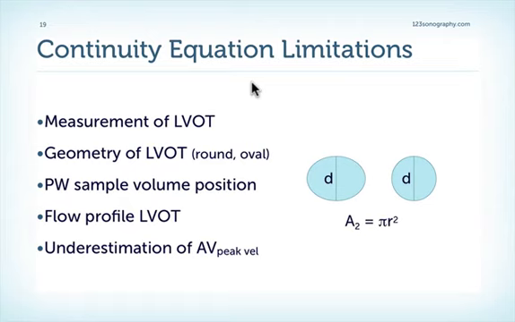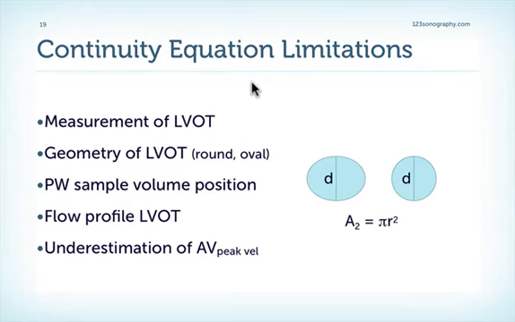It's crucial to get a very correct measurement of the LVOT diameter, because remember, in the calculation we have a squaring of the radius, and so if we have errors here, we will have incorrect valve areas. Furthermore, the geometry of the LVOT is not always round. It can be oval, and then of course we will measure a too wide or too small diameter.